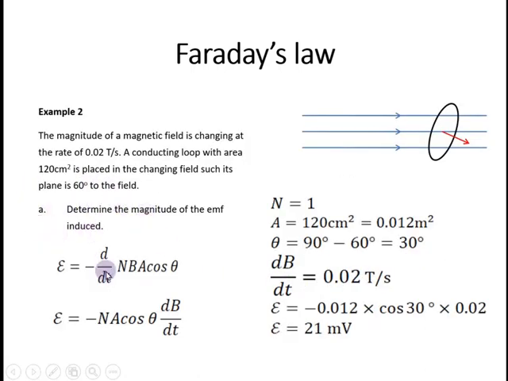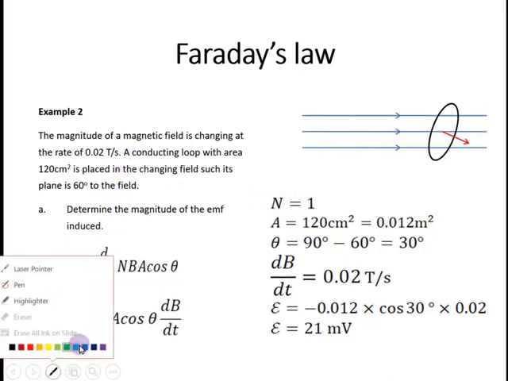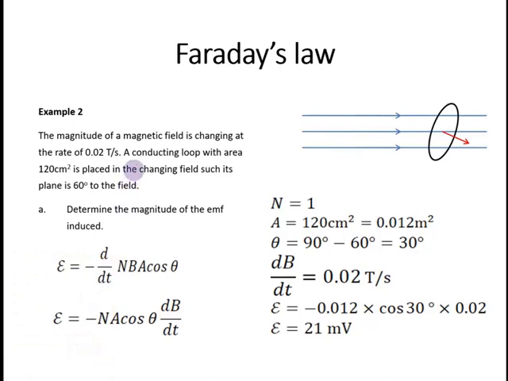Alright, so here we are. The first thing to do will be to state Faraday's law. Make sure you include all the variables that are provided in the question so that you can solve it easily. In the question, we are told the loop has only one coil.